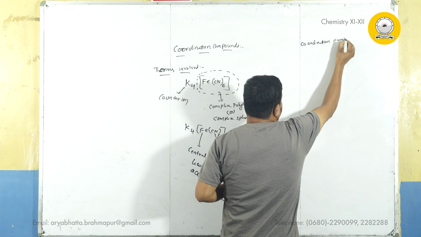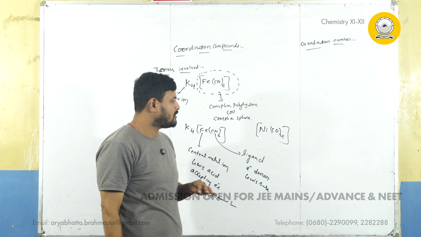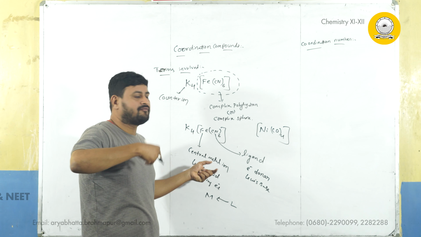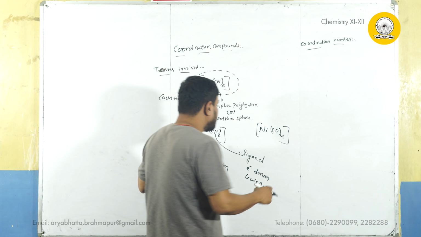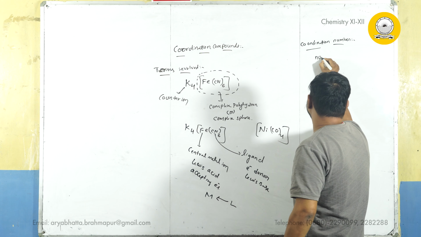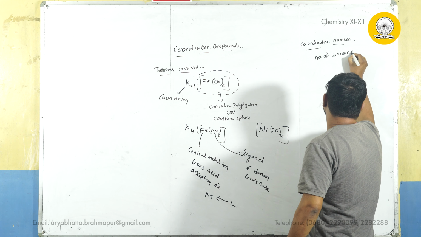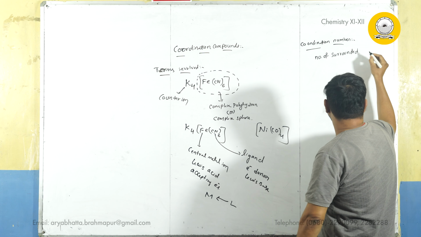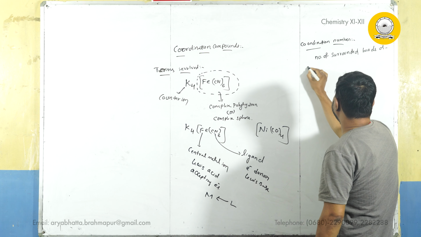The coordination number definition means the number of surrounded bonds of the central metal ion.